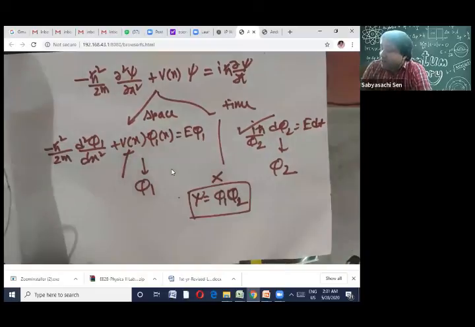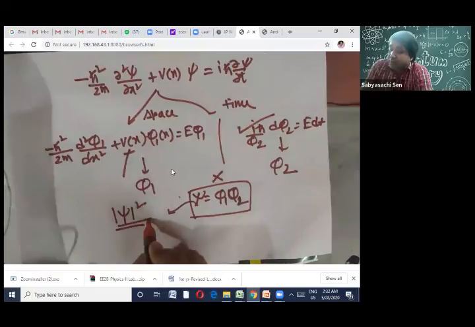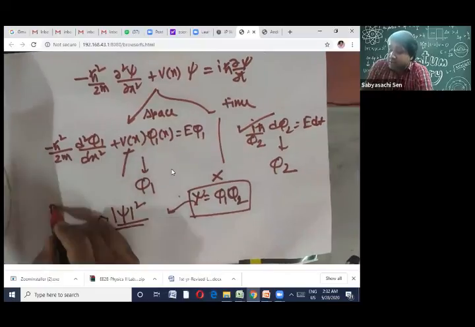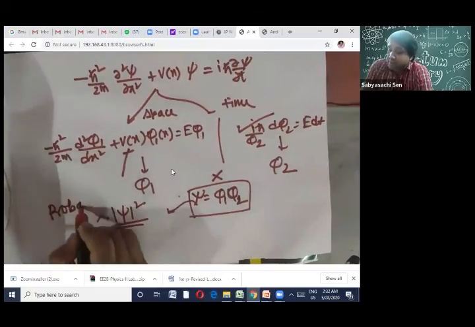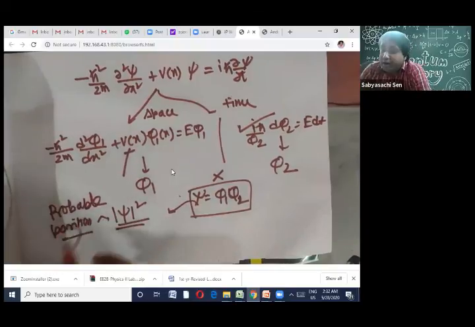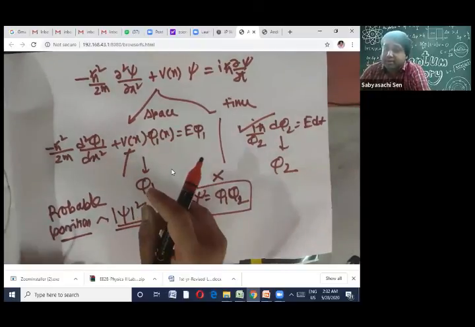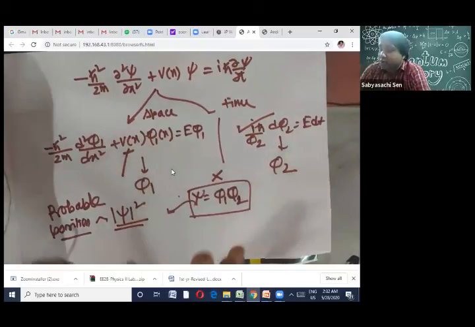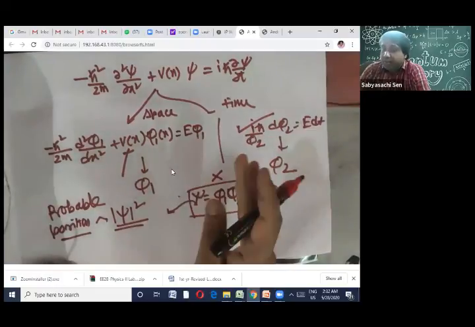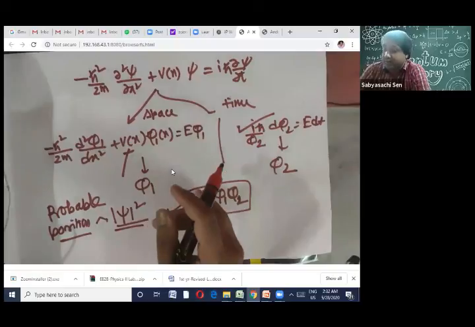If I take psi square, I should have an idea about the probable position of the object. But only knowing the position of an object is not called mechanics. Mechanics starts with answering the question of the position of an object at a given time, but it has some other facets also. We need to discuss those facets.